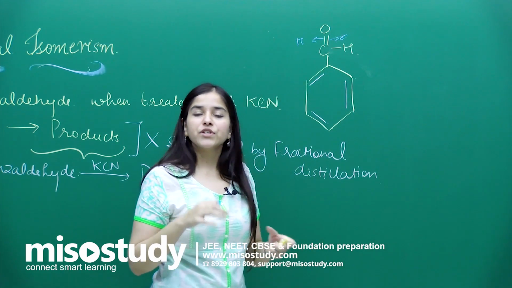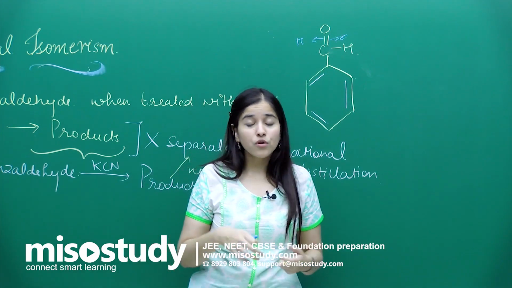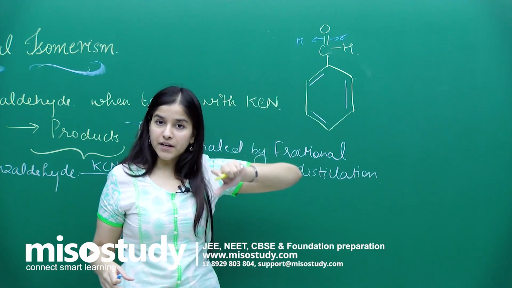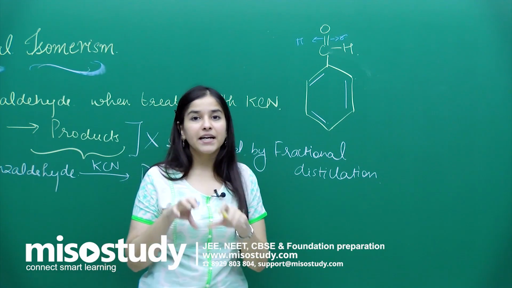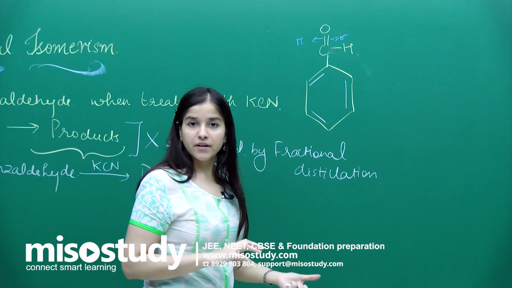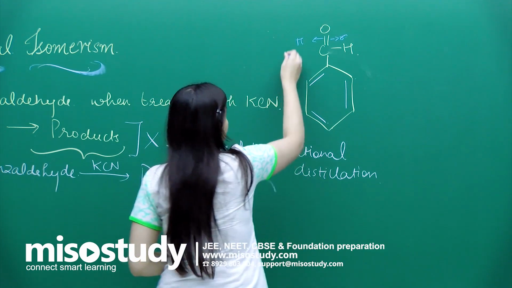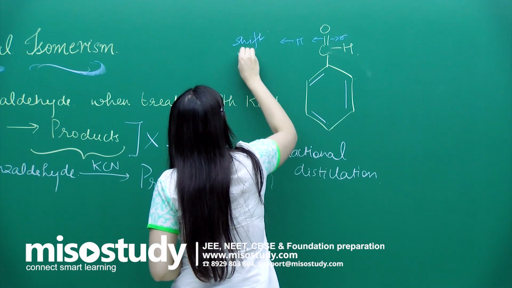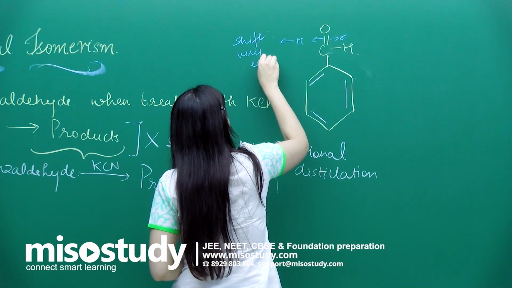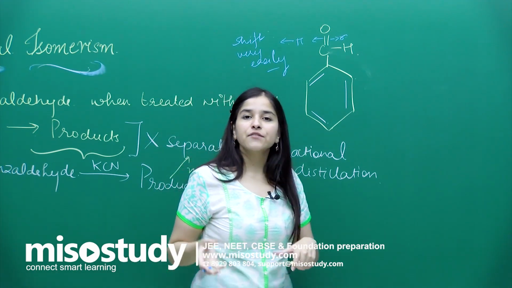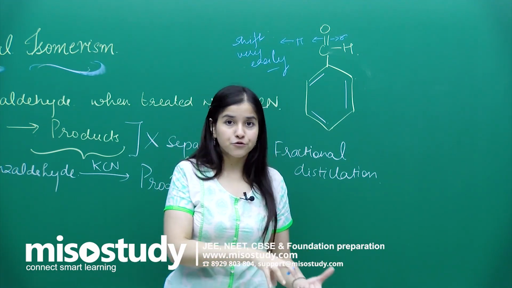Out of the two, which is more labile, which is more ready to shuffle? So pi bonds are weak. That means the electrons contained in these pi bonds are weak and can shift very easily. So that's why the shifting will occur towards the higher electronegative atom.